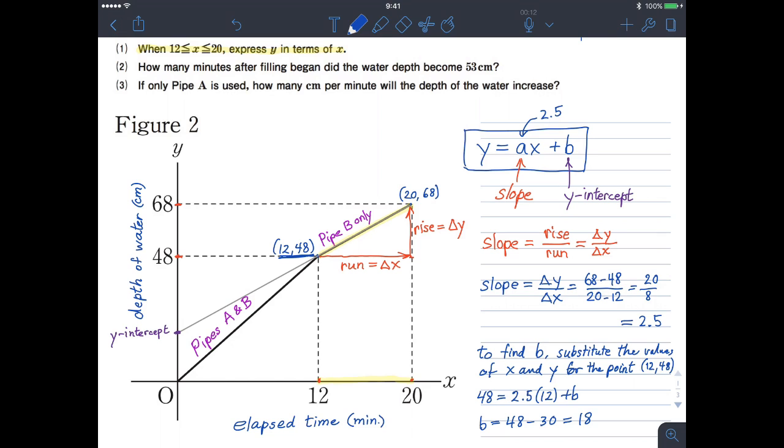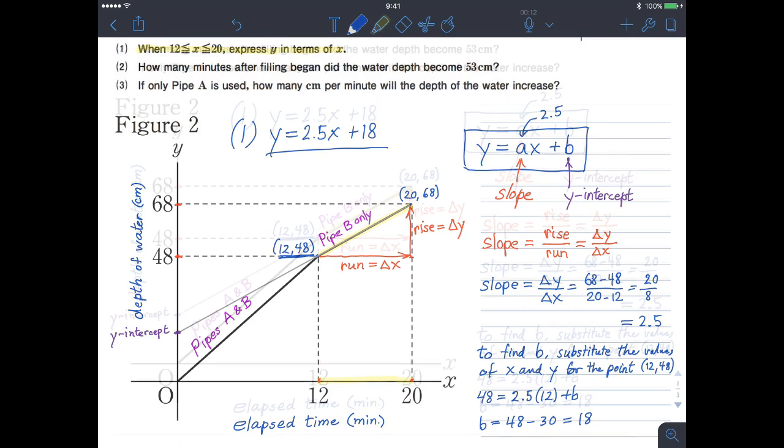Therefore, the answer to 1 is y equals 2.5x plus 18.